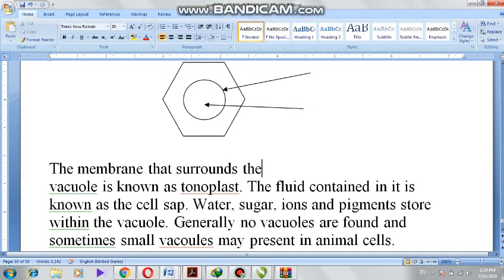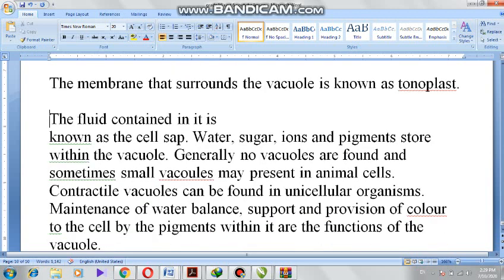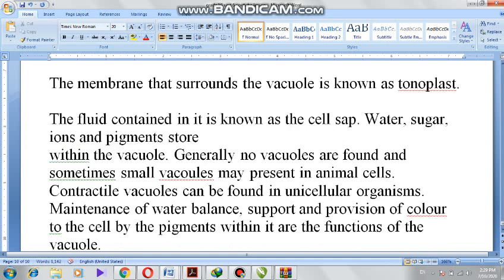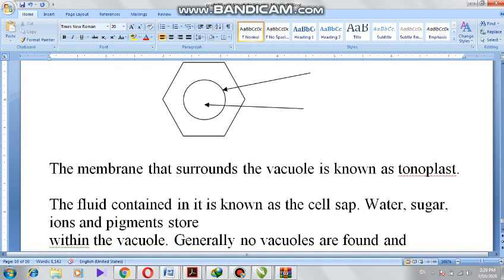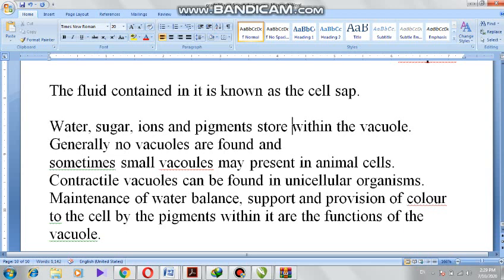So they say here the membrane that surrounds the vacuole is called tonoplast. You have to draw the diagram. The fluid in it is called cell sap. In the cell sap, what are the components present? Water there, sugar there, pigments are there.